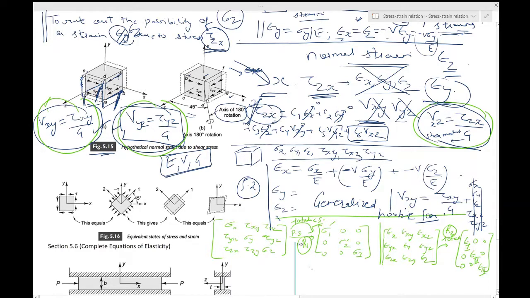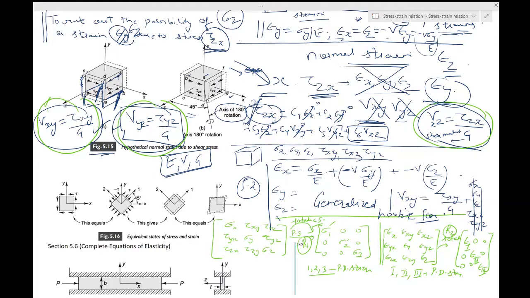So 1, 2 and 3 are the principal directions for stress, and I, II and III are the principal directions of strains. This point is clear; it was coming up from the previous chapters.